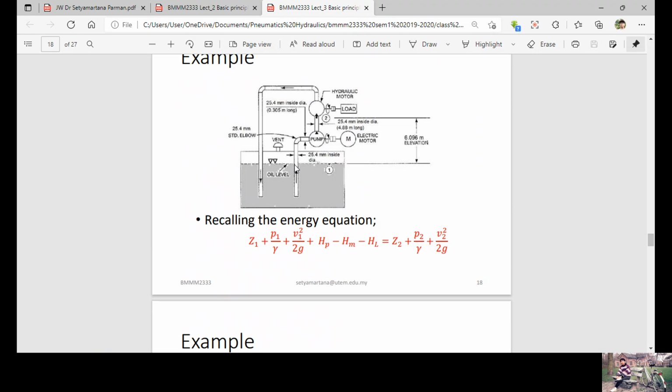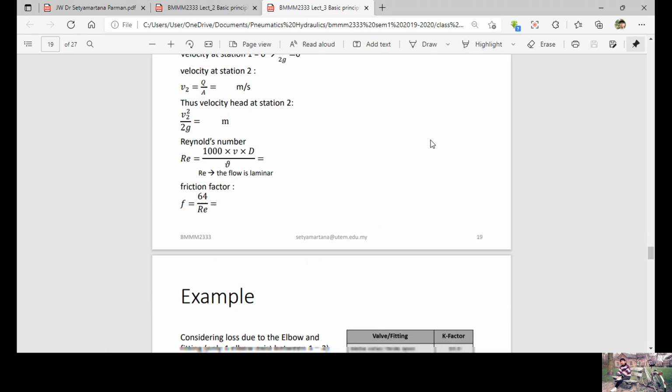Pipe 2 and pipe 3 are not mentioned, but we see here the elevation is 6.096 meters. So it means pipe 2 plus pipe 3 equal to 6.096 meter.